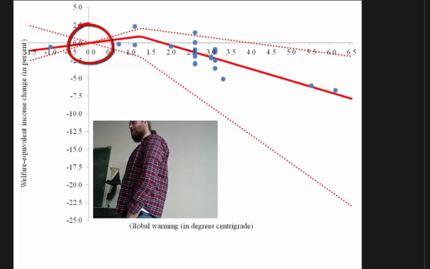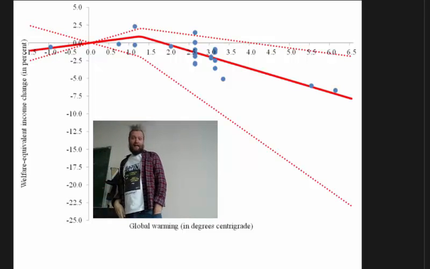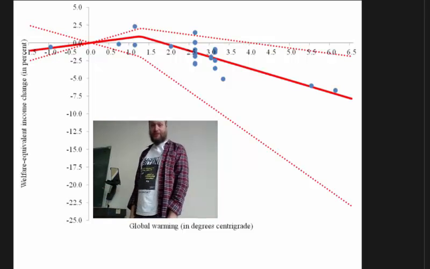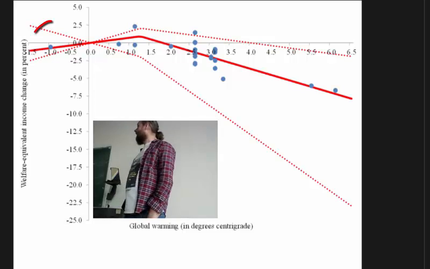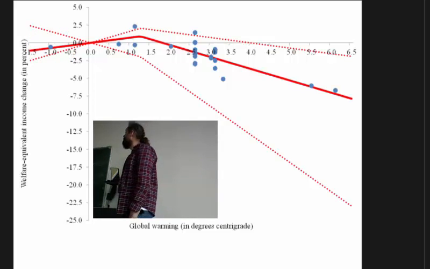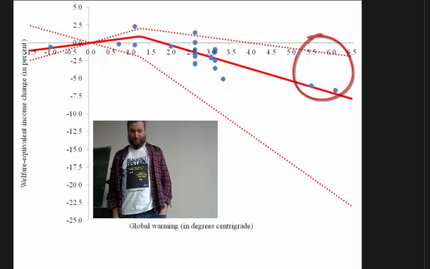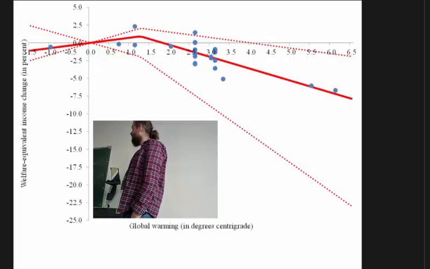So we go from the origin, right? No change, no impact, by definition. And as you see, people have reported these things for a mild cooling of 1 degree up to relatively severe warming of 6 degrees. So that's the horizontal axis.